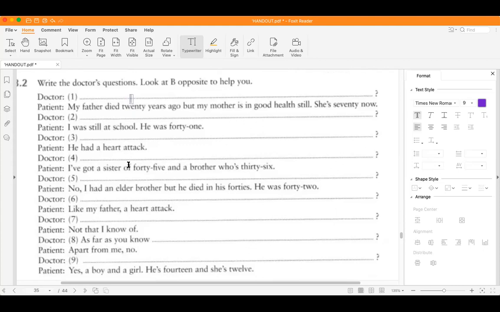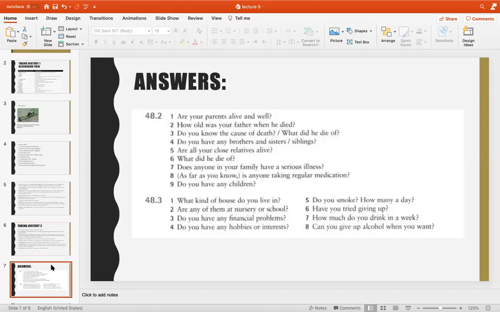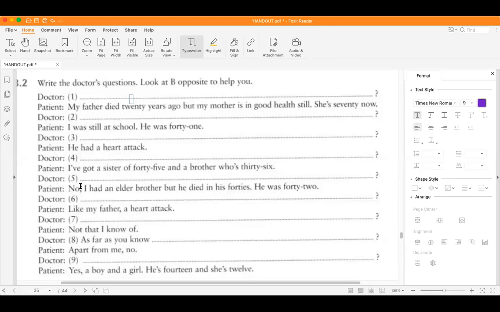Write doctor questions, look at B opposite to help you. We have here, my father died 20 years ago, but my mother is in good health still. She's 70 now.